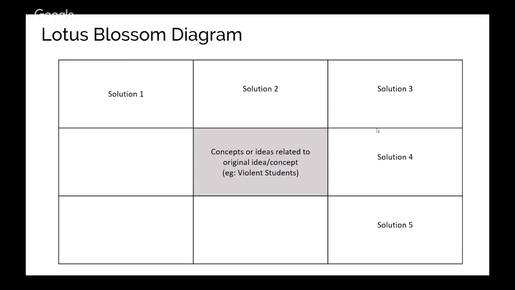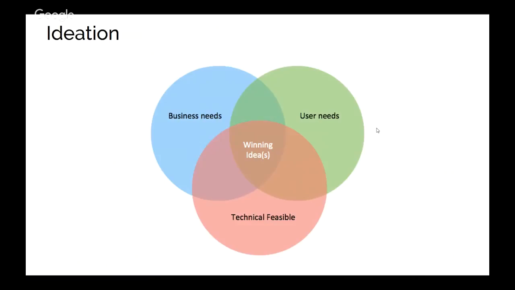Once we've come up with all your different ideas, we need to start figuring out what makes these ideas work, what makes them feasible, what makes them good. First, does it fulfill the business needs, the organization, which is LTA or SMRT in our case?